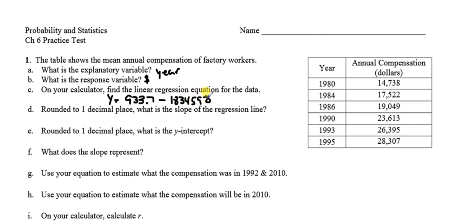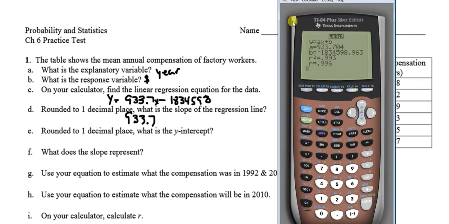So rounded to one decimal place, what's the slope? The slope is, sorry, there should be an x right here: 933.7x. So our slope is 933.7. And once again, on my calculator, that's A. And B is my y-intercept, negative 1,834,598.